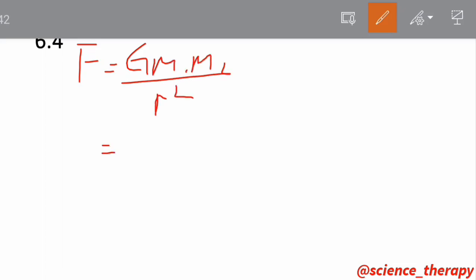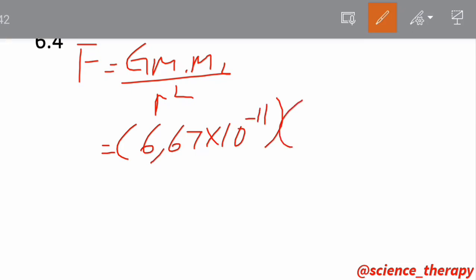So for 6.4, we have F equals G m1 m2 over r squared, right? Then what is our G? We have 6.67 times 10 to the power of negative 11. Then the mass of the plane is 30,000 kg.